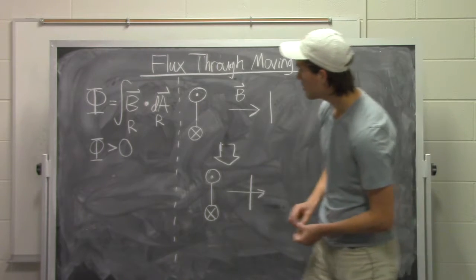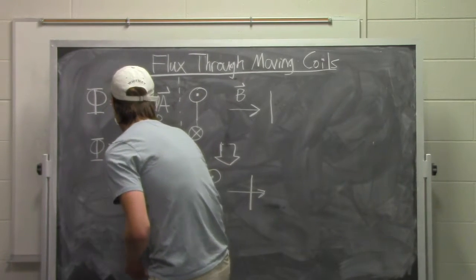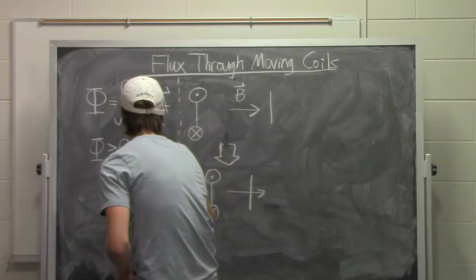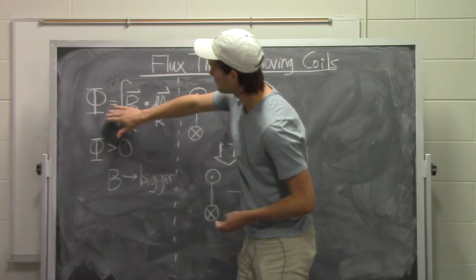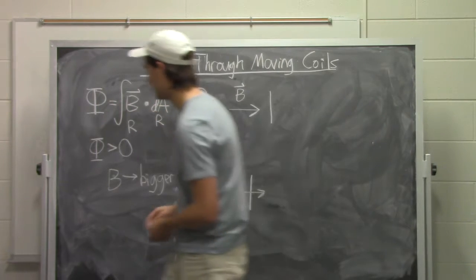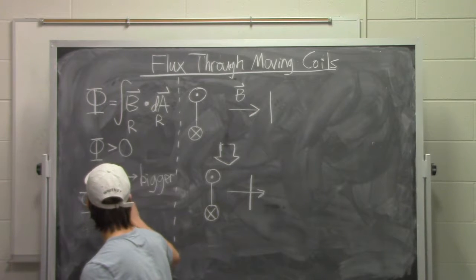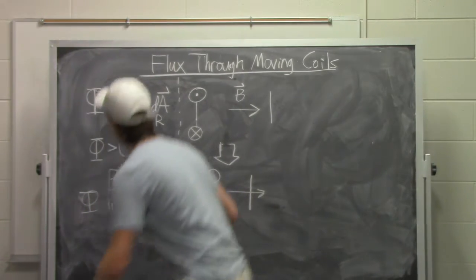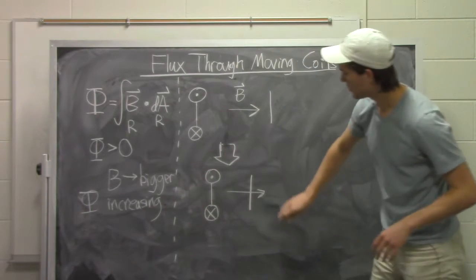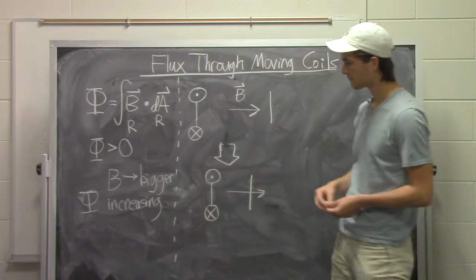And so we could imagine that the magnetic field is getting bigger, which means the flux is also getting bigger. So I'll just write that right here. The magnetic flux through this ring is increasing during this motion.